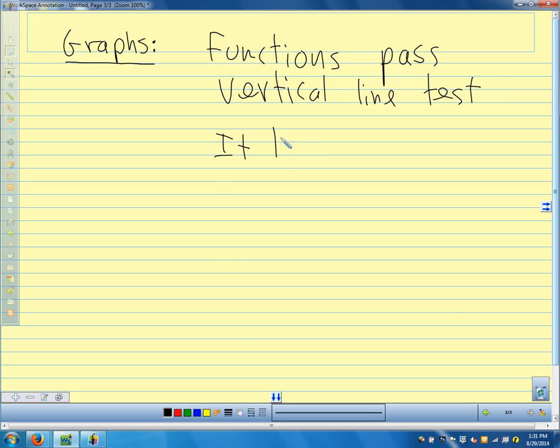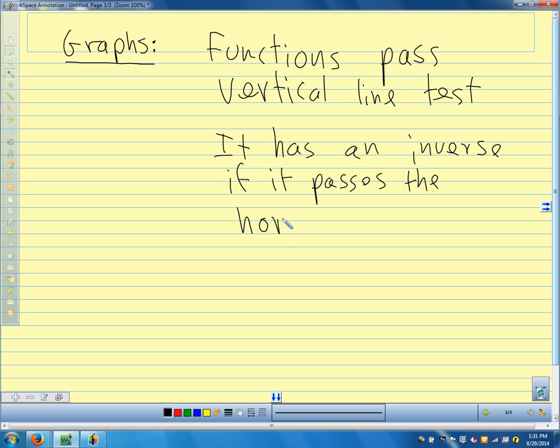There's another test. What did you say? Horizontal line test. It has an inverse if it passes the horizontal line test.